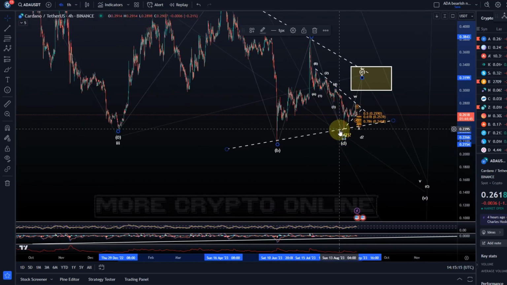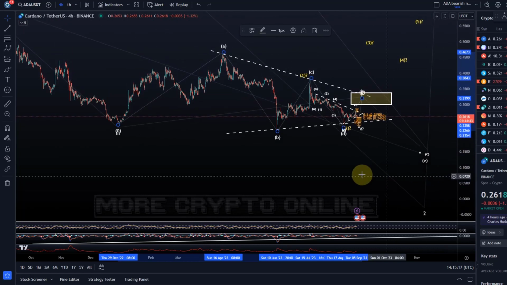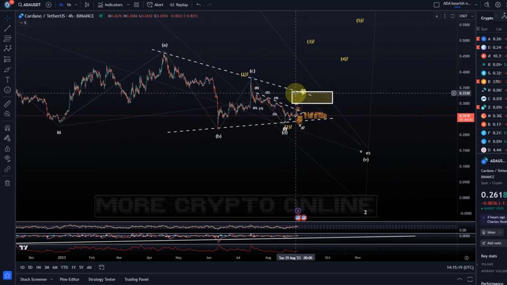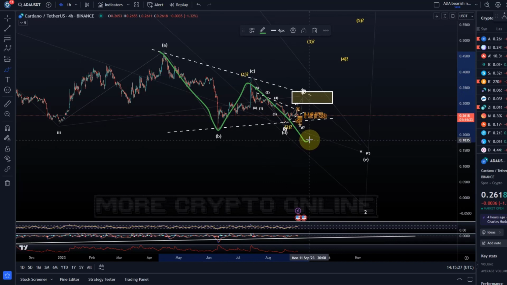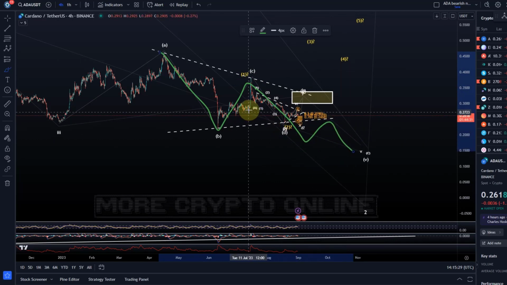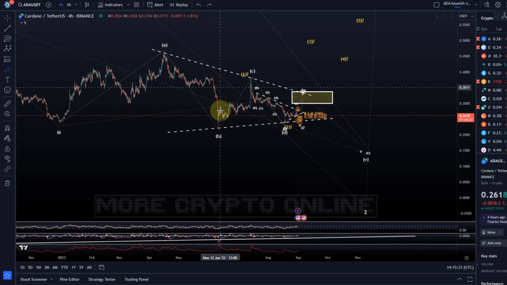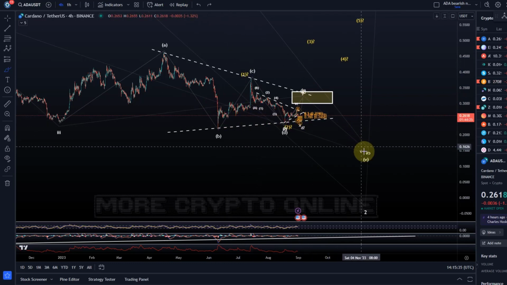If we don't get the E wave of the triangle, then I have to assume that this is some kind of a diagonal structure, 1, 2, 3, 4, 5, which would eventually lead to the same outcome. It would just be a different path to get to those lower prices.